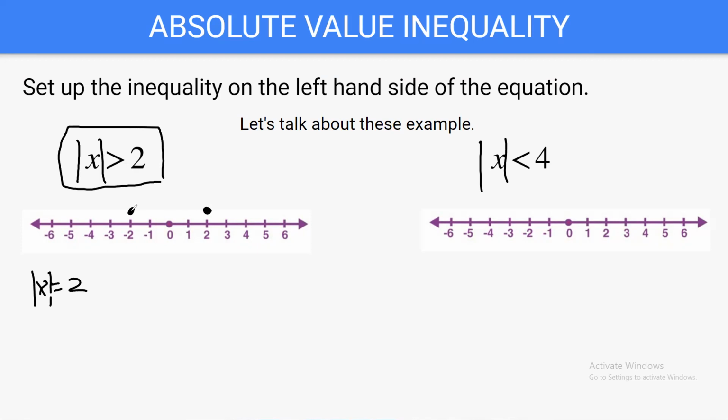What distance from -2 is greater than 2? I'm at -2. The distance here is 2, correct?